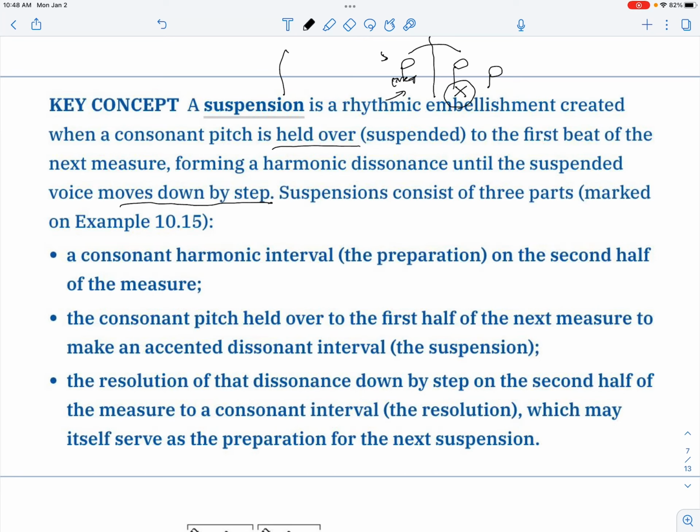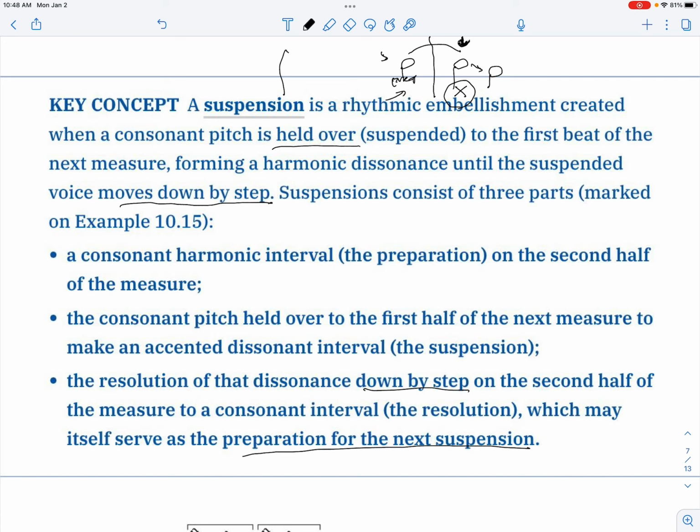This is the actual embellishment, an accented dissonant interval, which ends up on the strong beat. Then it resolves down by step to another consonance. That's the gist of suspension, and this may or may not serve as the preparation for the next suspension.